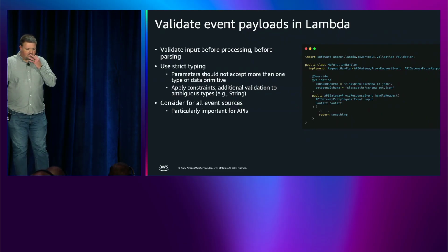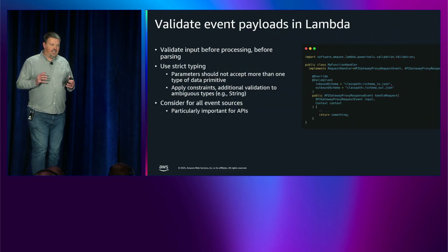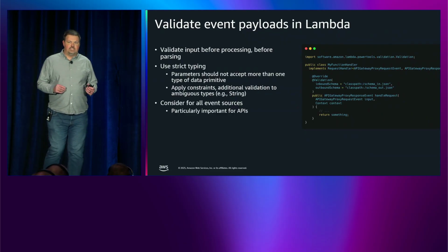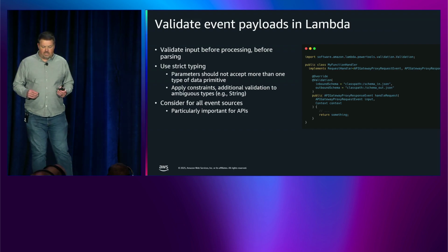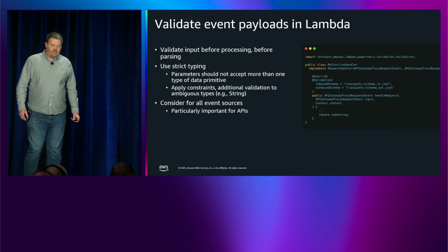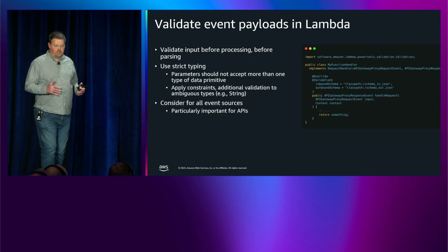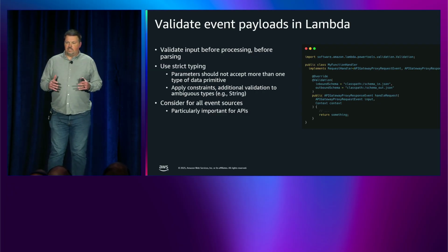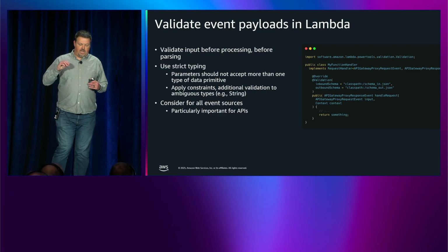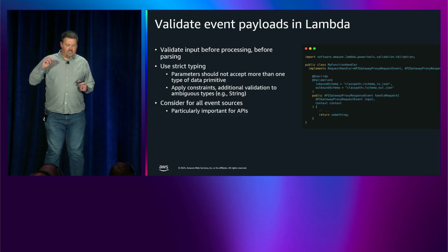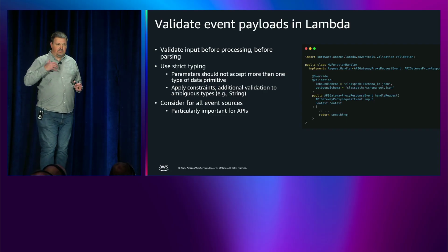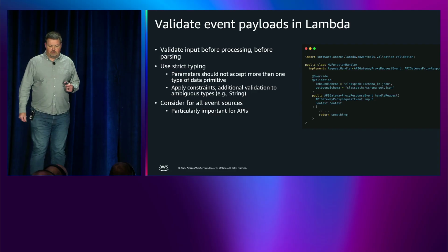Okay, event payloads. Another important area to consider as you're thinking about security. With event payloads in Lambda, there's a really good tool out there called Powertools that makes it really easy for you to add things like strict typing to validate that input as it's coming through.